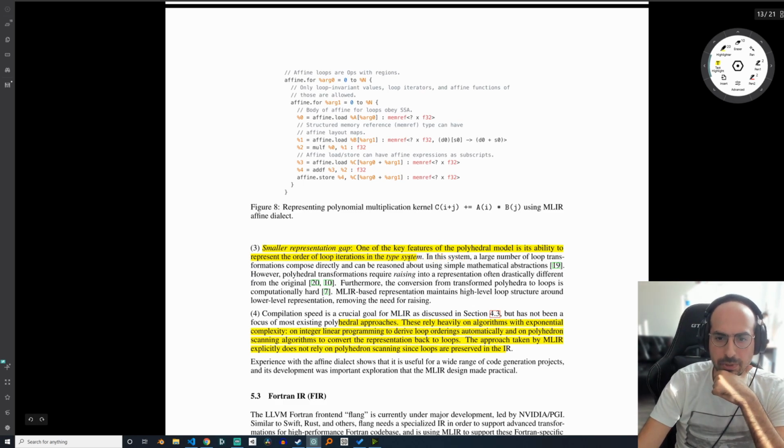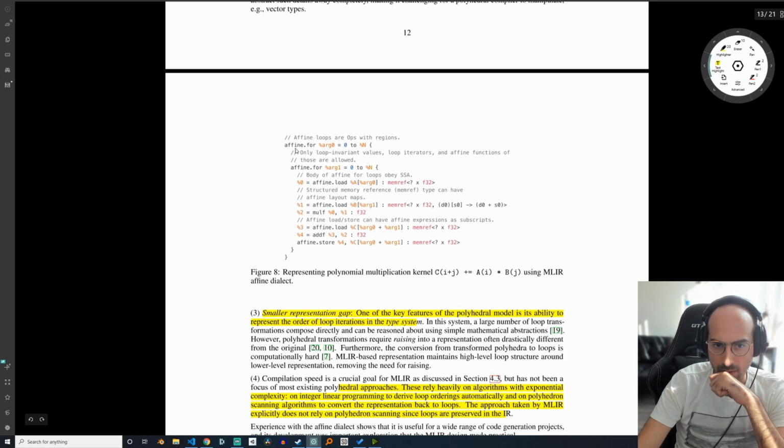The order of loop iterations in the type system. Okay, so polynomial matrix multiplication using the MLIR affine dialect.